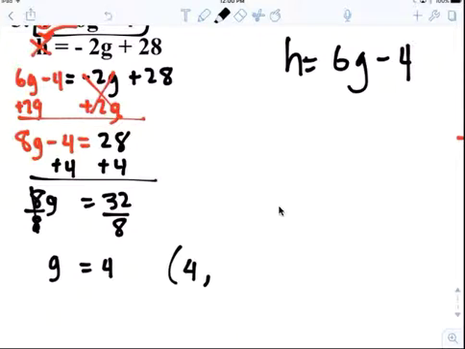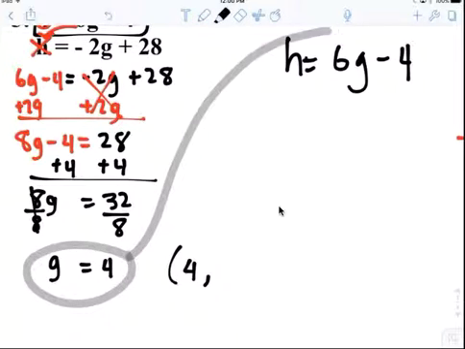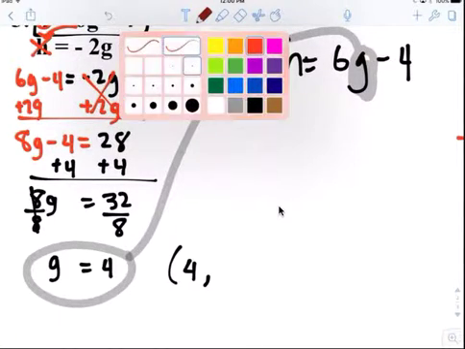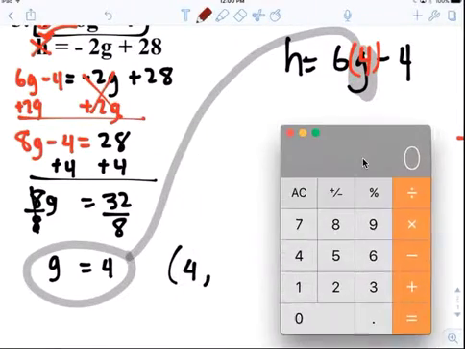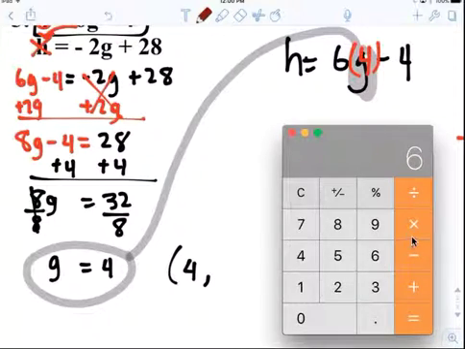You take this one right here, substitute into there. So substitute the 4 right here. So use your calculator. 6 times 4 minus 4 equals 20. h equals 20.